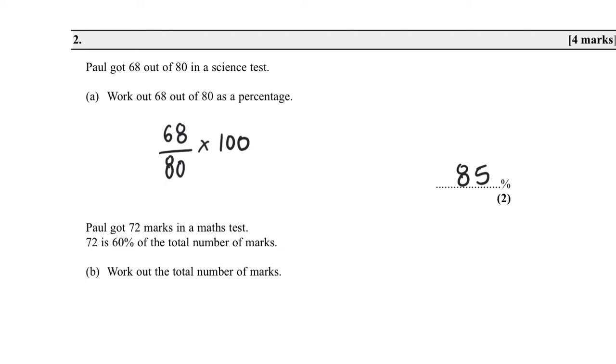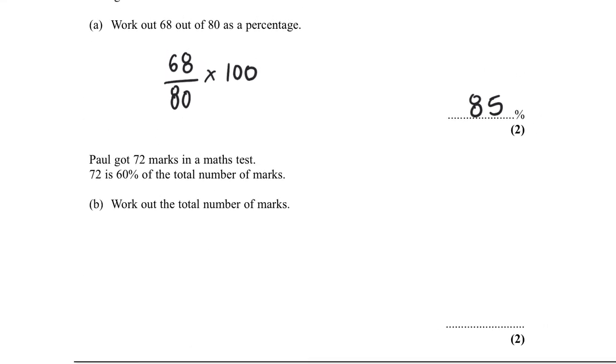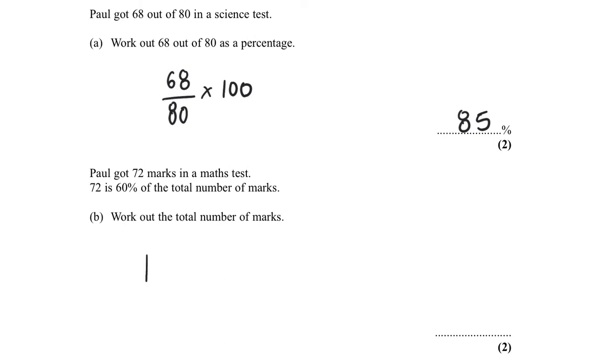The next one, Paul got 72 marks in a maths test. 72 is 60% of the total of marks. Okay, so similar to what we did earlier. So remember, if we have 100%, 60% is more than halfway, is equal to 72.